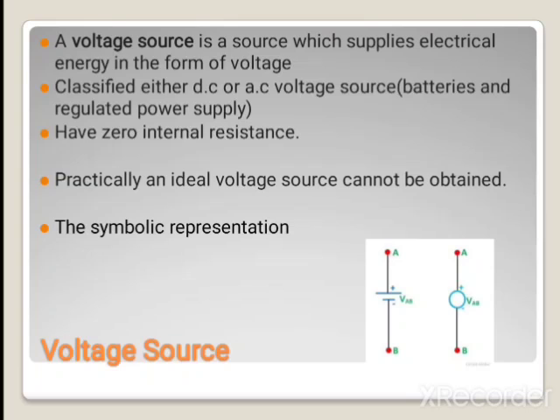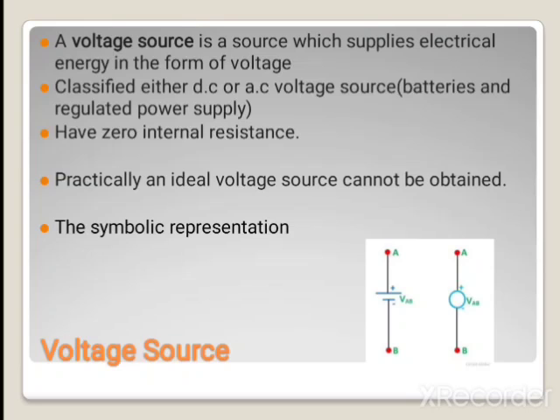Again, the voltage source is classified into two types, DC and AC voltage source. As compared to the current source, the voltage source has zero internal resistance. So if the current source has infinite internal resistance, then the voltage source has zero internal resistance.